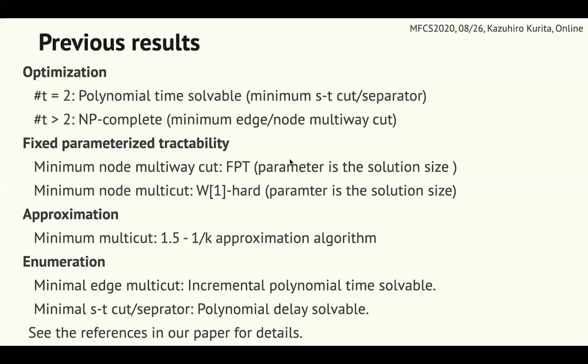As an approximation result, minimum multicut can be solved with a 1.5 minus 1 over k approximation factor, where k is the size of the solution. Finally, as a result in enumeration, an incremental polynomial time enumeration algorithm for multicut is known. Moreover, minimal s-t cut separators can be enumerated in polynomial delay.